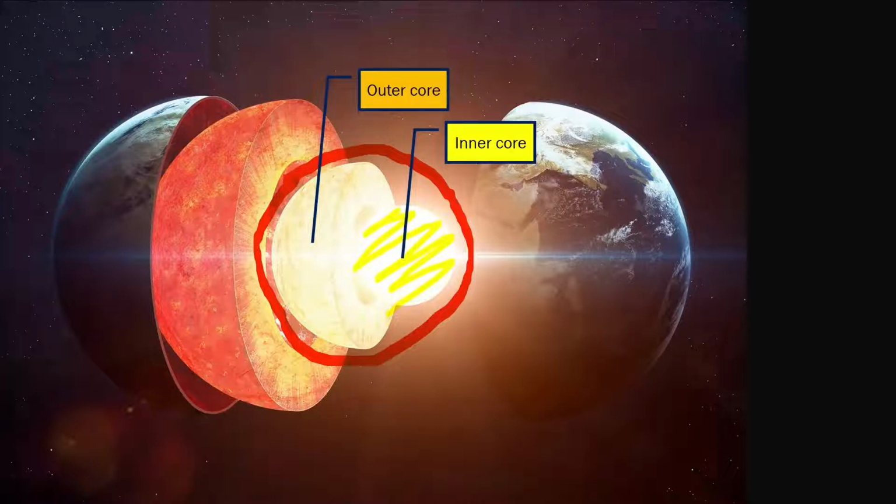So we got one core, but we divide it into the outer part of the core, which is the outer core, and the most center is the inner core. So how do we differentiate them? Let's see.